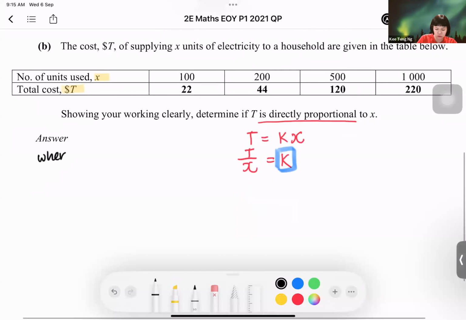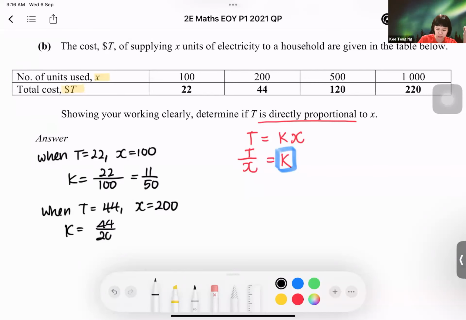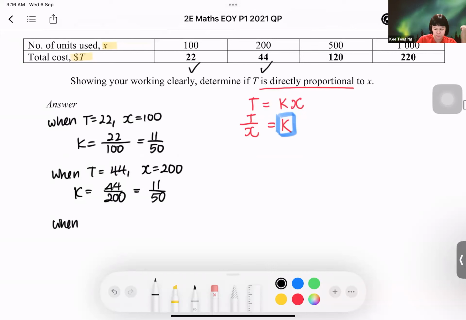When T equals 22, X equals 100, K equals 22 over 100. Let me simplify this: 11 over 50. When T equals 44, X equals 200, K equals 44 over 200, which is 11 over 50. Looks the same. But continue, must check all sets of data values applicable.